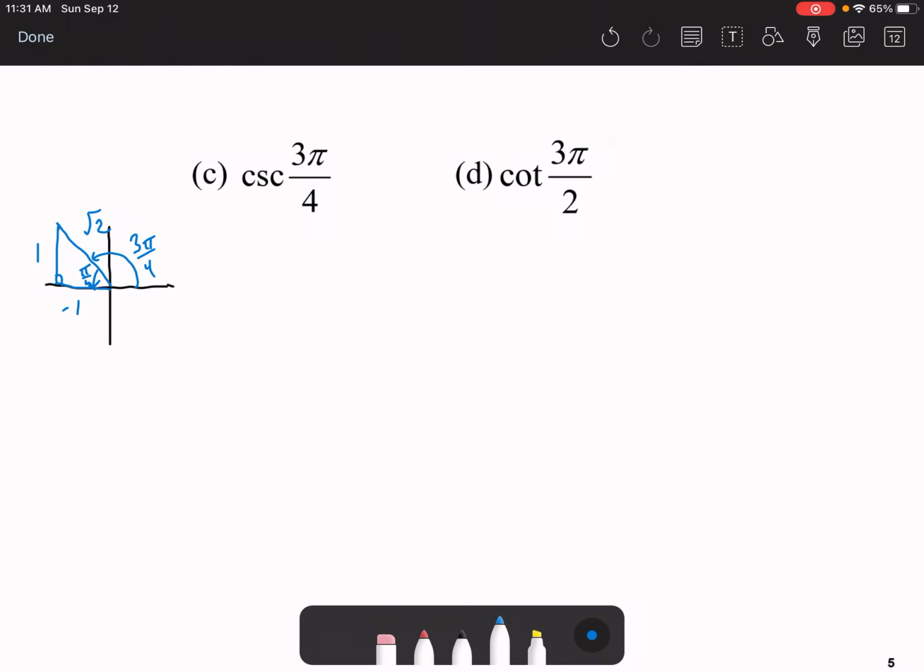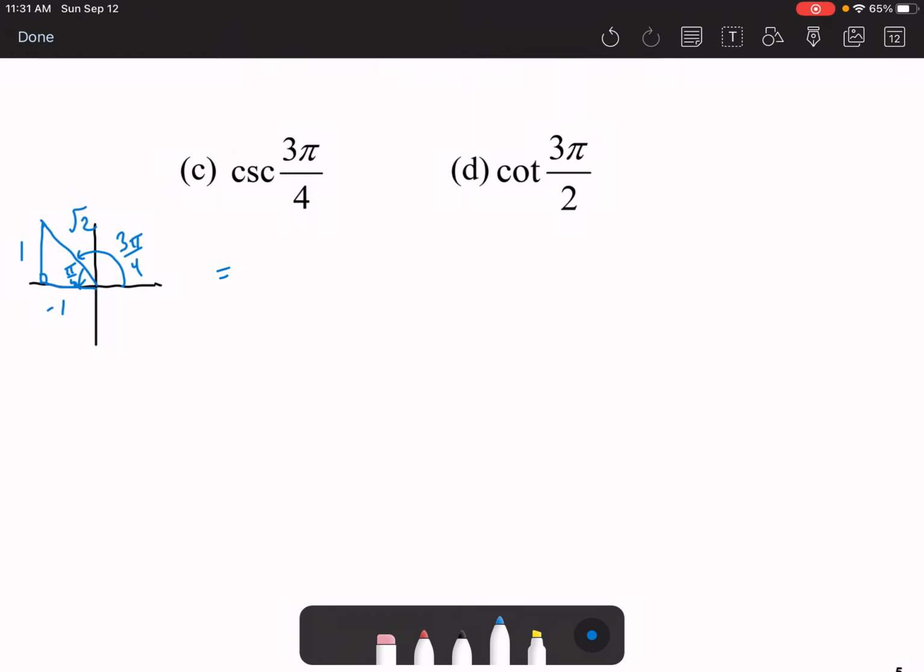Okay, so cosecant is the reciprocal of sine. So it is 1 over sine of 3 pi over 4. Sine is opposite, which is 1. Hypotenuse is root 2, so the reciprocal of 1 over root 2 is just square root 2.